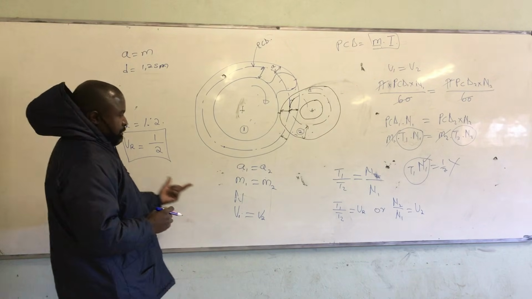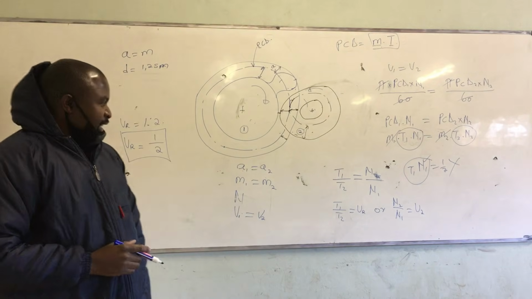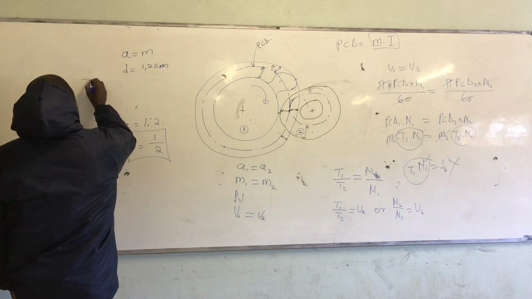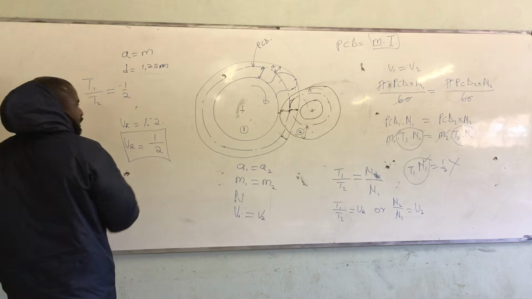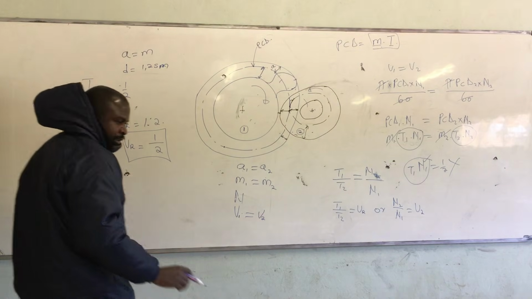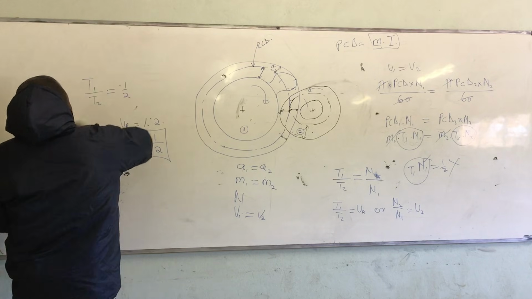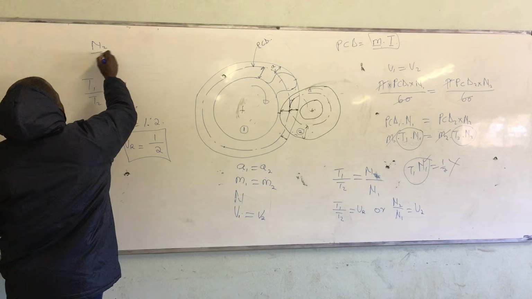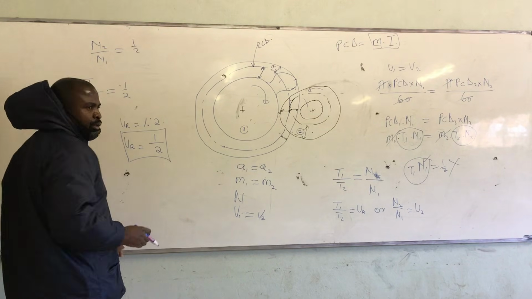How do you then substitute your speed ratio there? Can I say T1 over T2 is equal to 1 over 2? Is this correct? Can I say N2 over N1 is equal to 1 over 2? Is that correct? Yes.